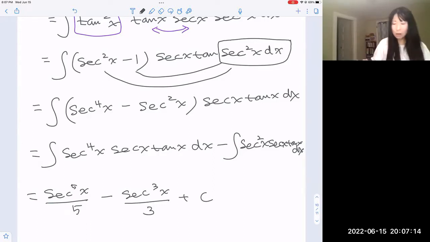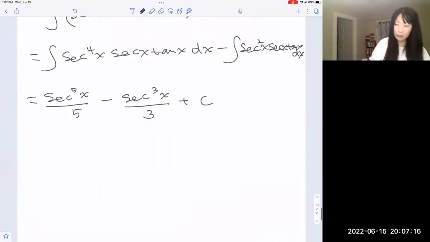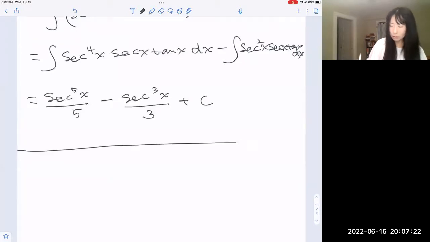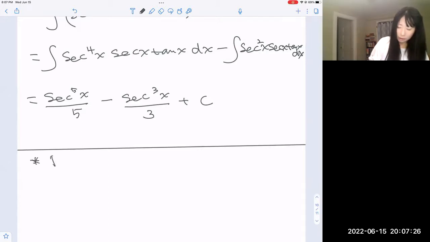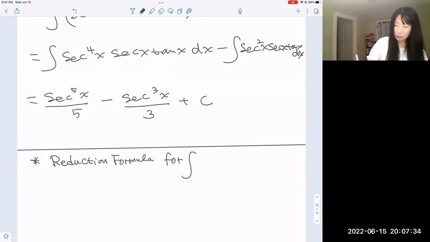Okay, now we're gonna use the reduction formula for this one too. So this will be the last one. Reduction formula. Let me just write down secant and tangent.